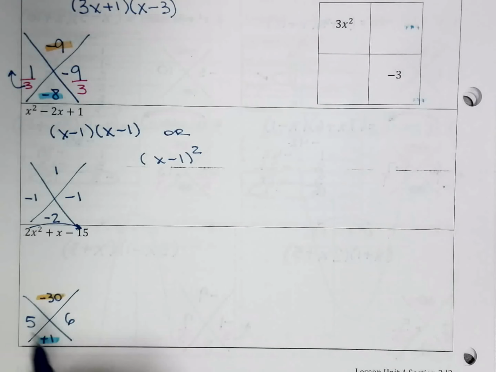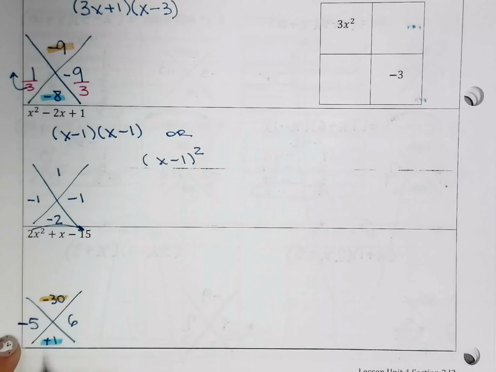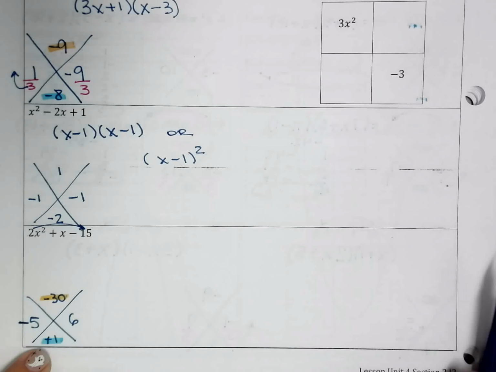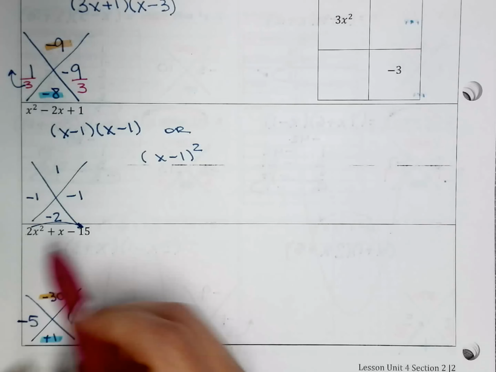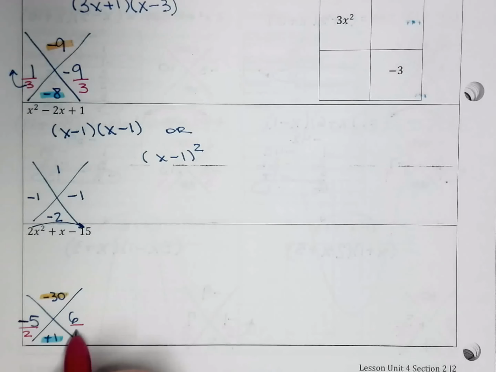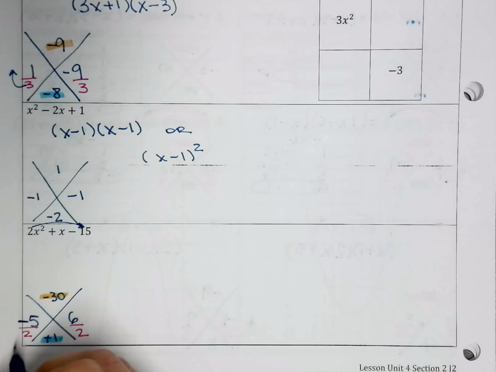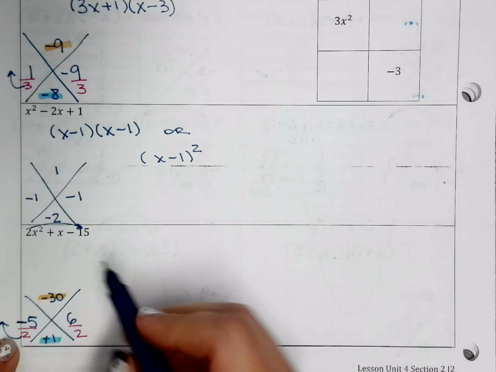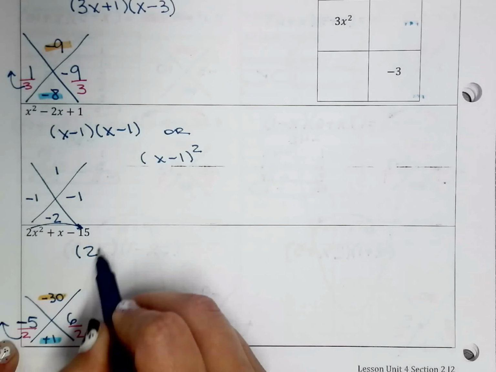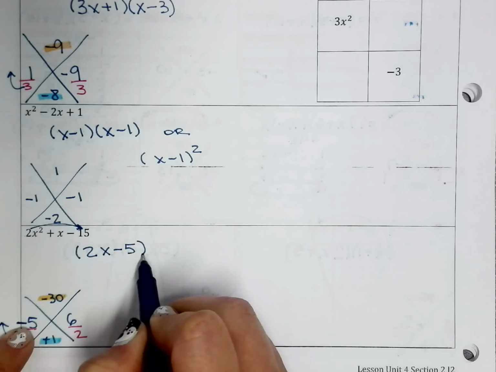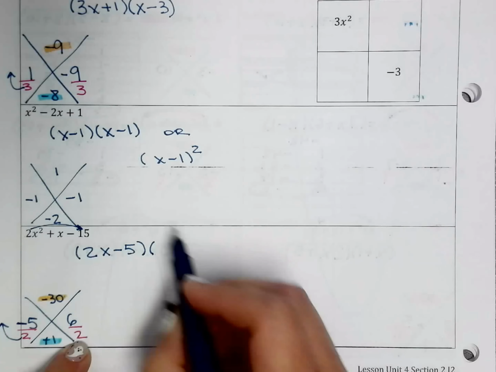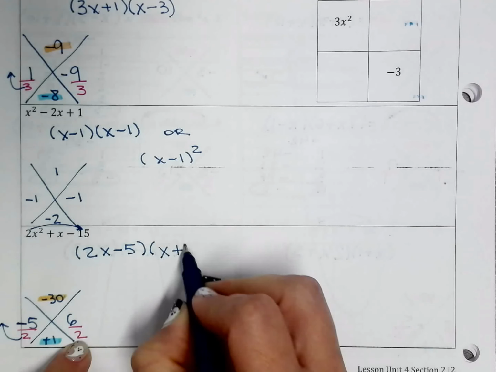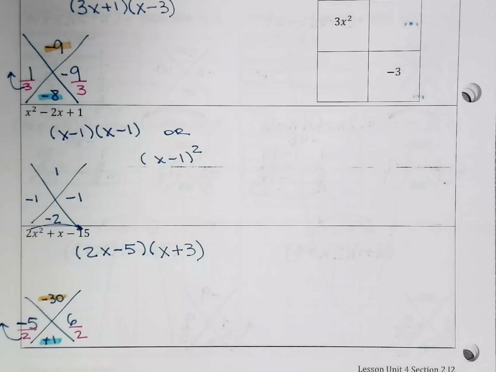So 6 minus 5 is 1. Okay? And because we started by multiplying by 2, you divide by 2, simplify the fraction. This one doesn't simplify, but this one does. So bring this up. 2x minus 5. This one simplifies down to 3. So x plus 3. Good deal.